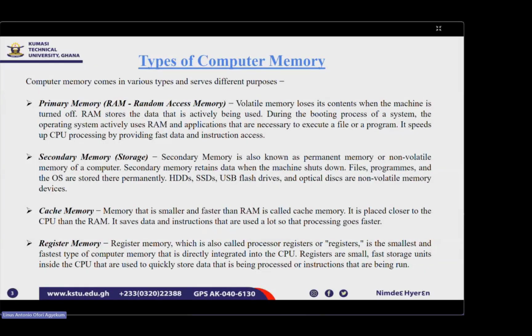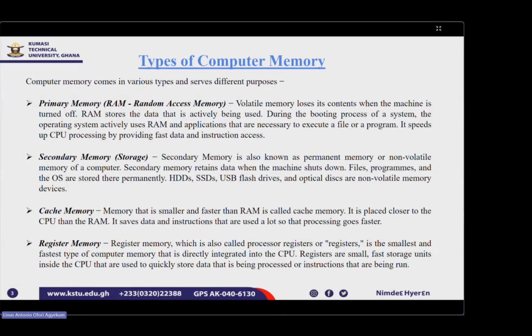Then we move on to the other type, which is the secondary memory. Now, the secondary memory is also known as the permanent memory. So whereas the primary memory is a volatile memory, the secondary memory is non-volatile. So secondary memory retains data when the machine shuts down. So the memory within the computer, which stores normal data, which is classified as the secondary memory, even when the computer is off, it doesn't lose its data.